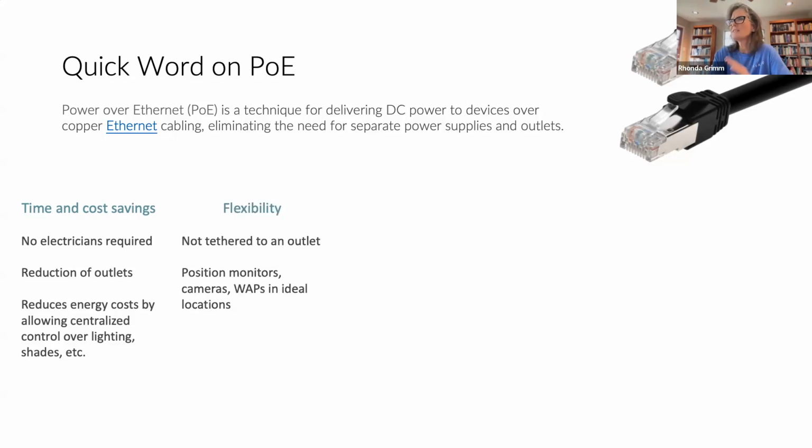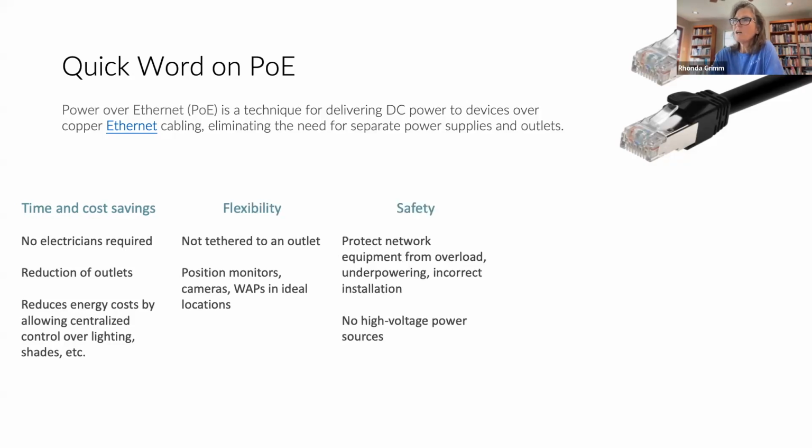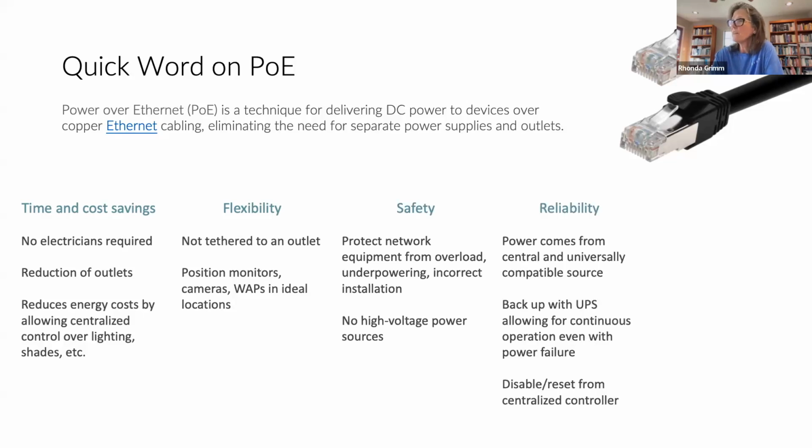It reduces energy cost and it's flexible. You're not tethered to a certain part of the room that has the outlet. It's safe because it's not high voltage, it's very reliable, and it's quite scalable. So that's just another type of cabling you'll run into, PoE.